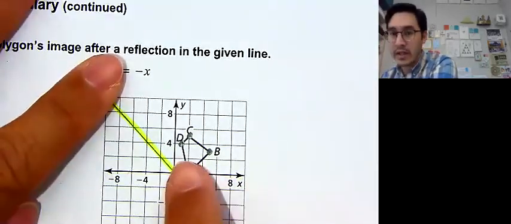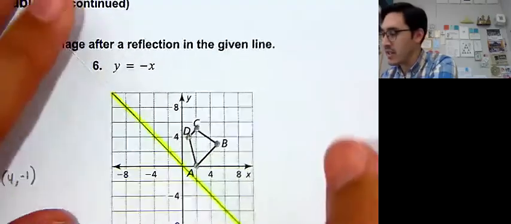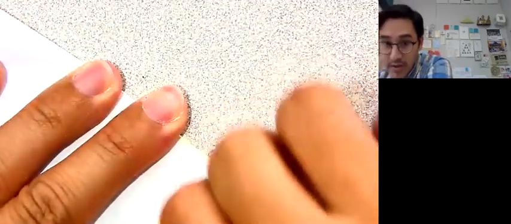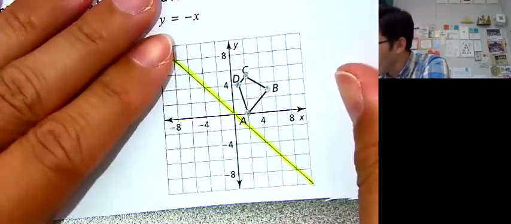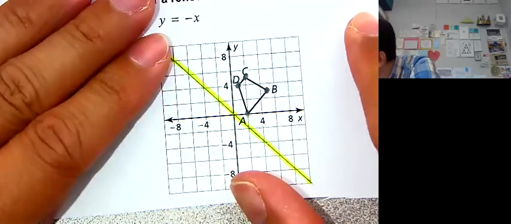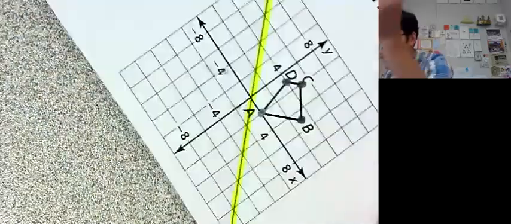Okay, and then I already put lead on points A, B, C, and D, and I just need to press the lead onto the other side. Yeah, so let's look at it this way. It's probably better.